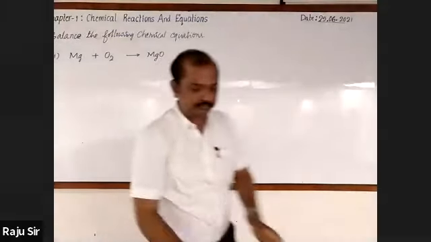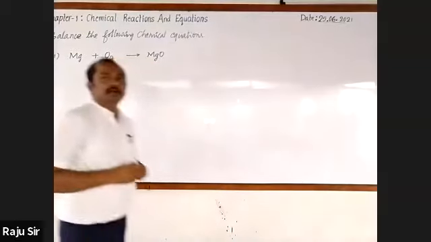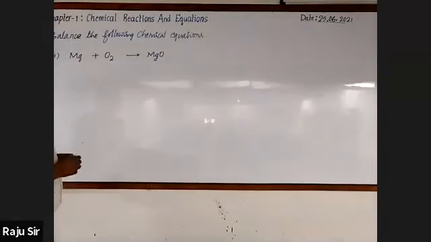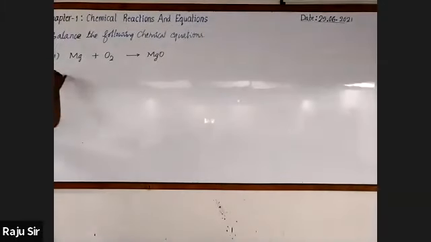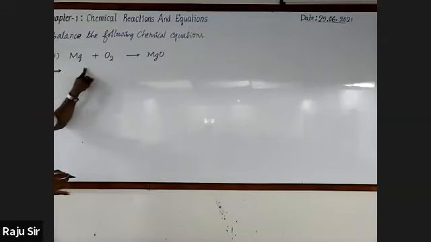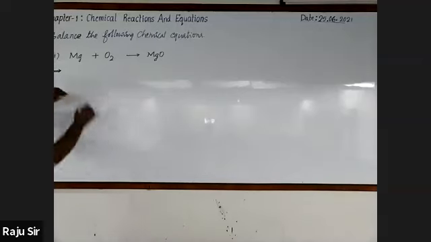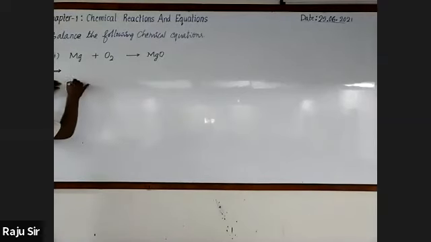This is the given chemical equation. Now it should be balanced. Let's go for balancing it. For balancing, we will list the number of atoms of each element. The elements involved are magnesium and oxygen.